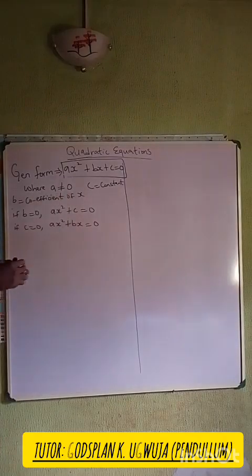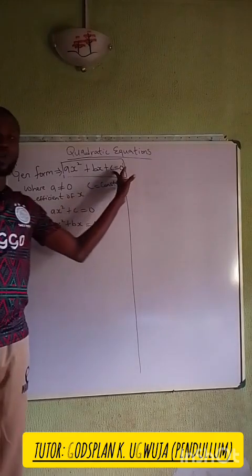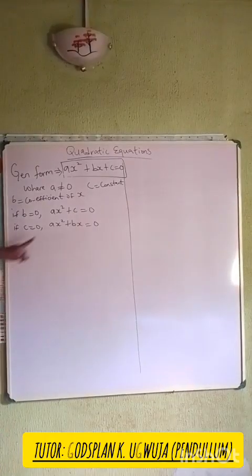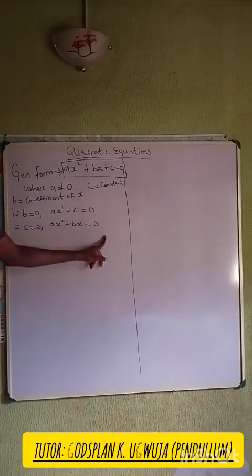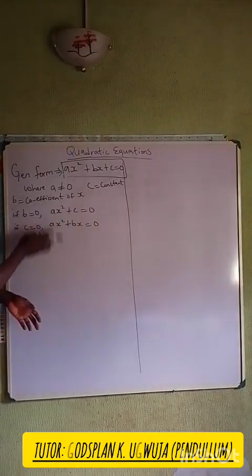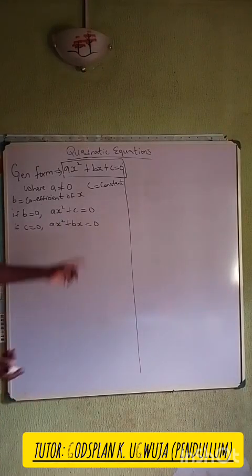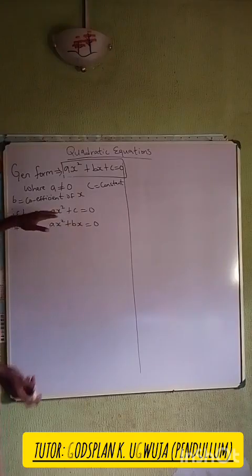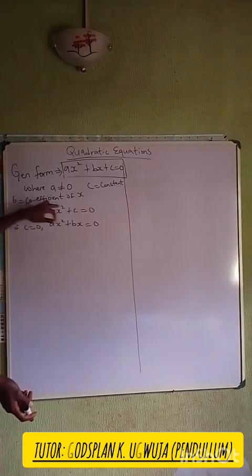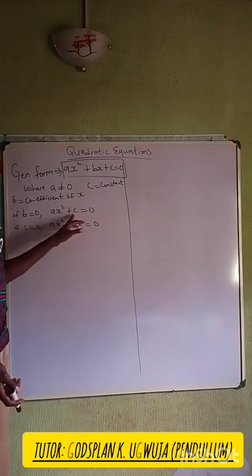It's gone. And then if c is 0, if there's no constant, we are going to have ax squared plus bx, no c, is equal to 0. These two are still quadratic equations. Why? The highest power of our unknown here is still 2. In this case, the highest power of x is squared, although there's no x in power 1.